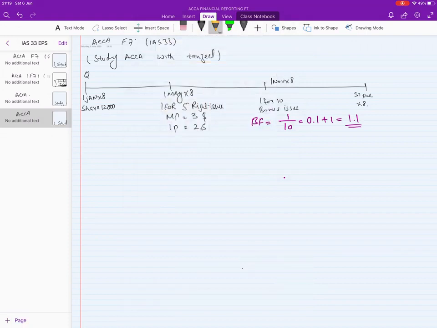For the rights issue we need to calculate the BAF, which is the bonus adjusted factor.